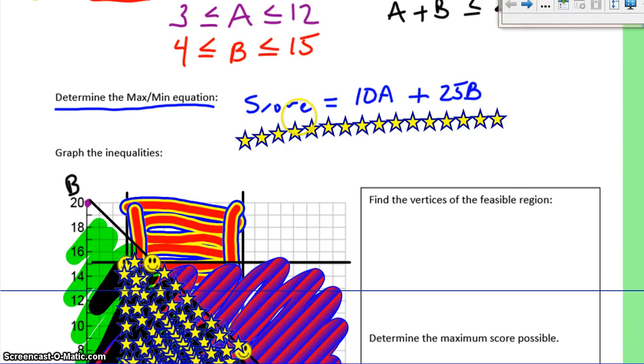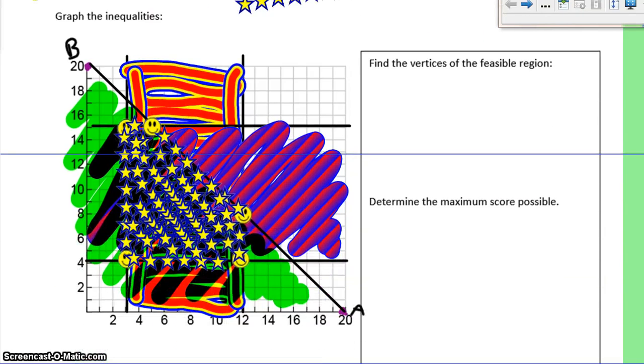So what we do instead is we know that the maximum value is going to come from one of these smiley face points, from one of these vertices, from one of these points of intersection. If there's going to be a maximum value here, it's going to come from one of these 5 points. So the first thing we need to do right now is find the ordered pairs that represent these 5 points. Let's see if you can do that now.